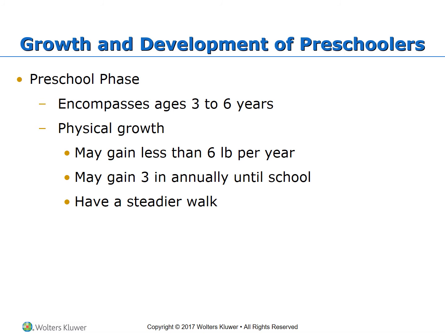They may gain 3 inches annually until school. They have a steadier walk. And this age group, 3 to 6, can state their full name and age. And boys are typically thinner than girls in this age group.